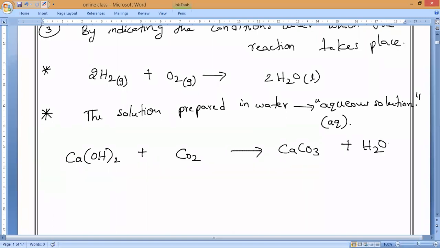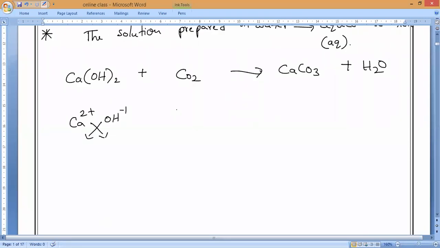So now let me see who will say the state. Please respond. As we know, what is the formula of calcium hydroxide? Calcium is 2 plus, hydroxide is 1 minus. If we exchange, what will come? OH twice. Calcium hydroxide plus carbon dioxide will give you calcium carbonate.